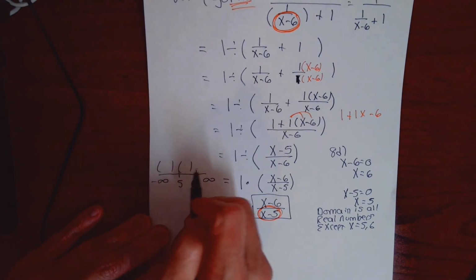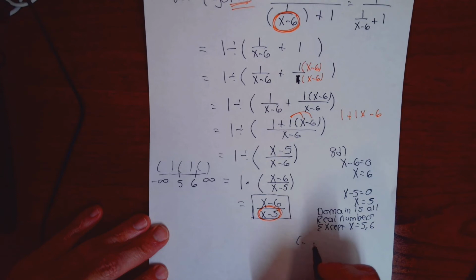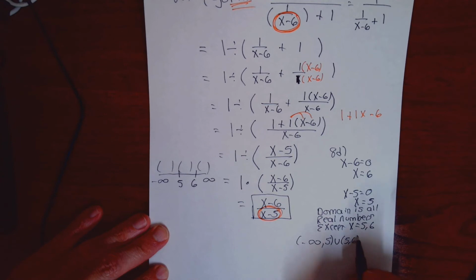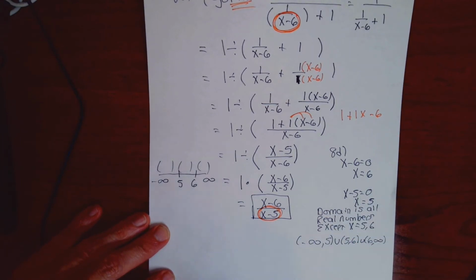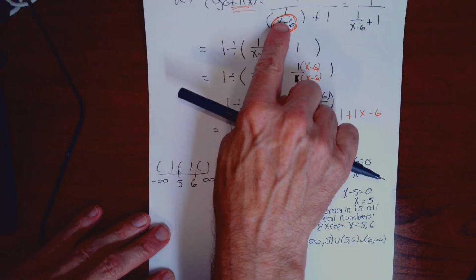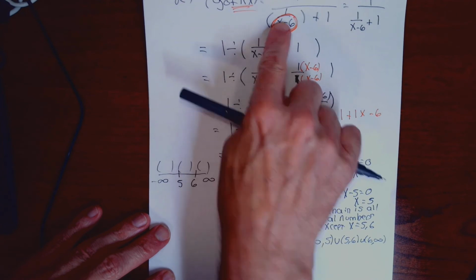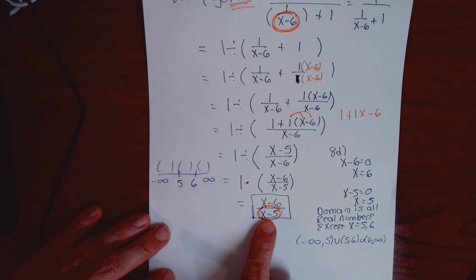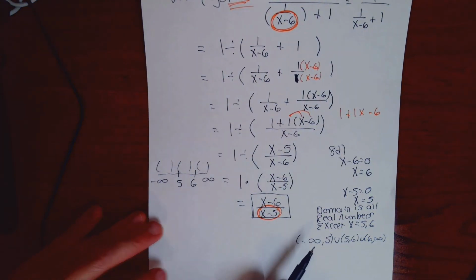I'd make up the intervals, and the intervals would be negative infinity to positive 5, and then union positive 5 to positive 6, and then union 6 to infinity. These are both correct domains. And you should be able to understand that they have the same meaning. They both mean if you plug 6 into this version of the function, which is equal to the original function, you'll get undefined, and 5 into this one, you'll get undefined.